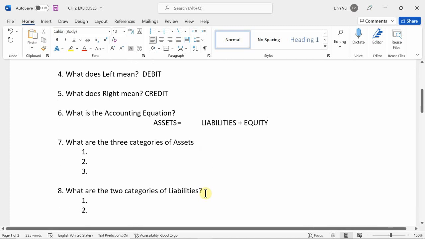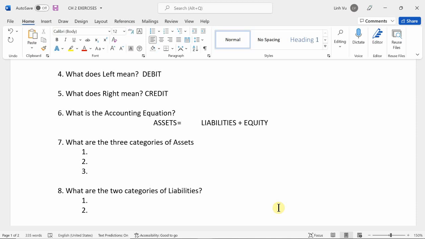Number 7, what are the 3 categories of assets? Is one of them cash? Cash is an account, not a category.